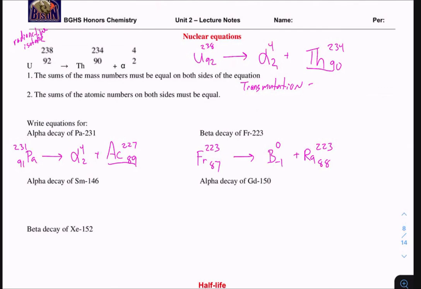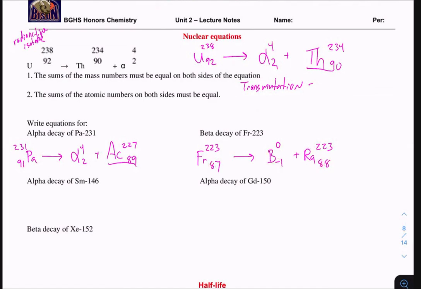Do these examples make sense, guys? Your numbers have to match on the left and right side, okay? Now, other observation to make. Notice how when an alpha particle is emitted, the new element's atomic number goes down. But when a beta particle is released, the new element's atomic number went up.